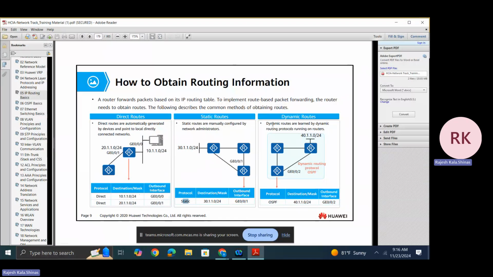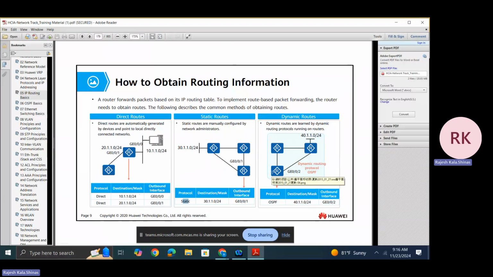Dynamic route means you are not going to add anything. The routers will exchange their routing information with another router. We are not manually adding or configuring anything, unlike a direct route. Whatever information the router has, it will exchange with the other router. For example, this router has an OSPF route to 40.1.1.0, and from this router I want to reach that.